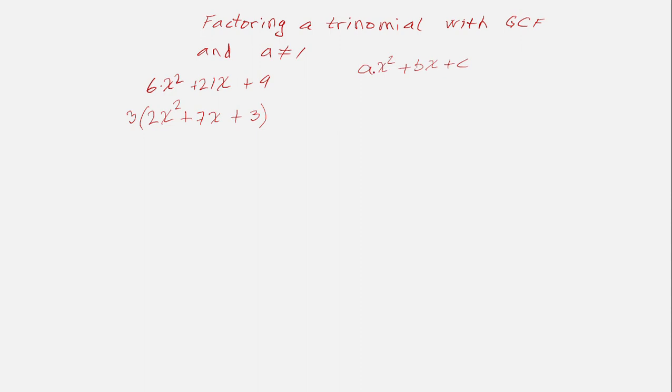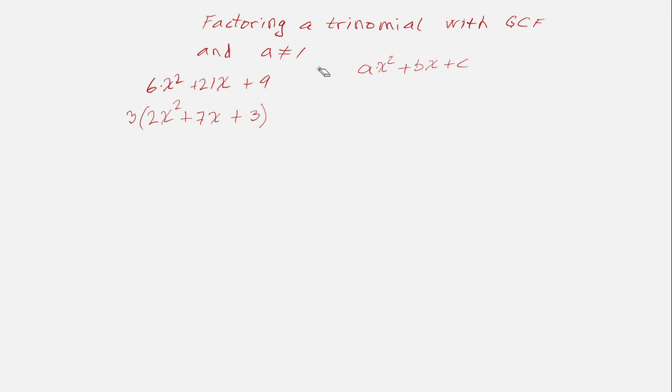Now, a is the coefficient on the leading term, which is the term with the highest exponent. b is the coefficient on the linear term, and then c is the constant. And as you might have noticed, the exponents go down from left to right. So they go in descending order. So 2, 1, 0, right? So this is exponent 2, exponent of 1, exponent of 0, if you wish.